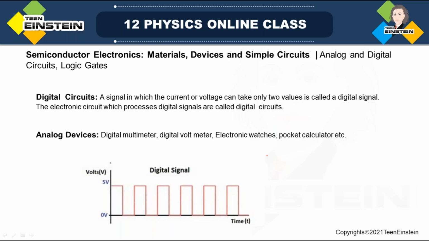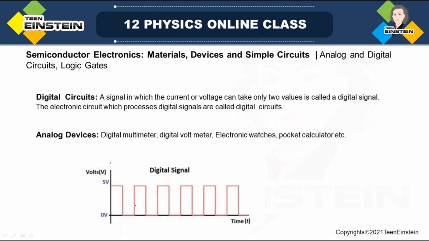There are digital to analog converters and analog to digital converters also in electronics. Digital multimeter, digital voltmeter, electronic watches, there you see digits, right? That's why they are digital devices.